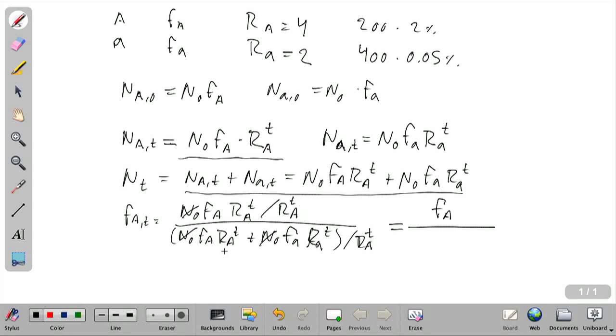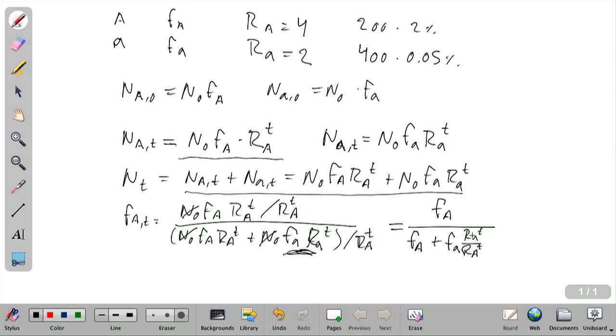In the denominator, again, on the left-hand side here, the r uppercase A to the t's will cancel out, and we'll get just f uppercase A. On the right-hand side here, we'll have a slightly more complicated term, f lowercase a times r lowercase a to the t divided by r uppercase A to the t.